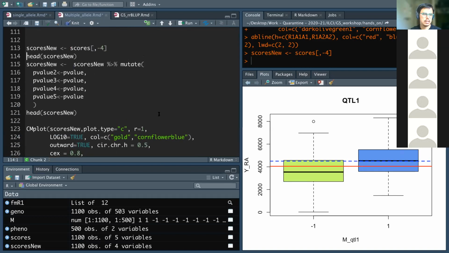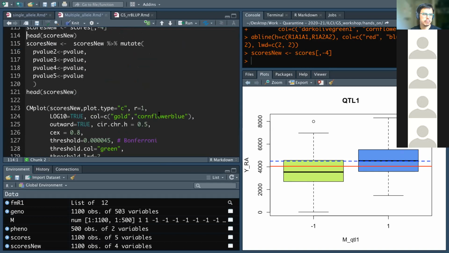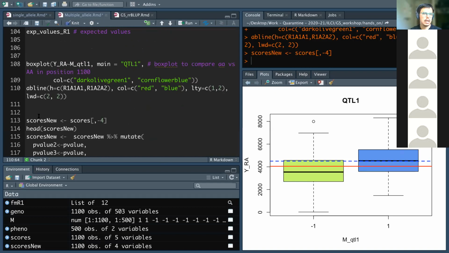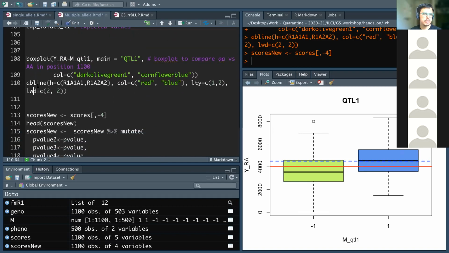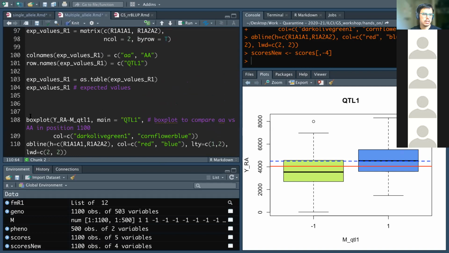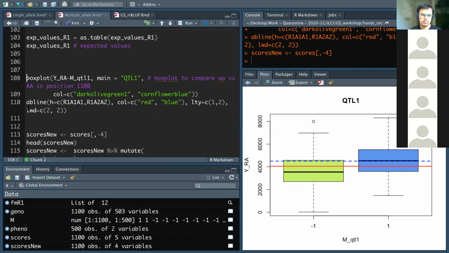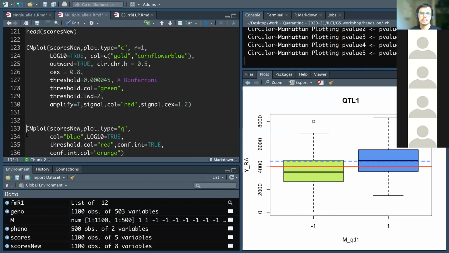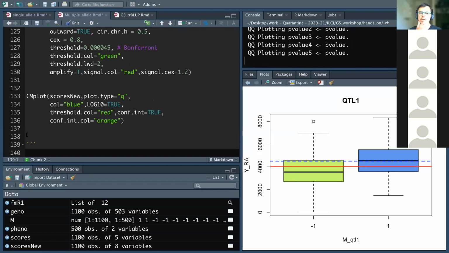What else? And this last part is just going to show you another way that I put in the code.